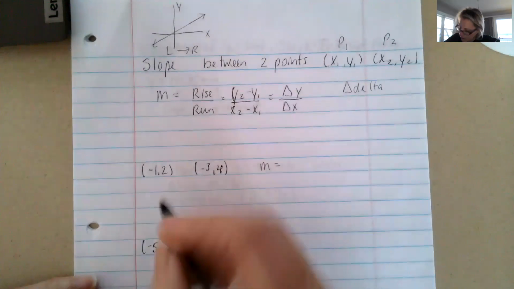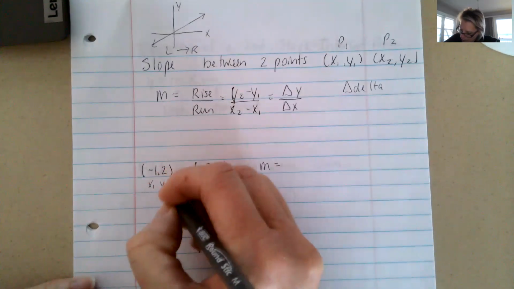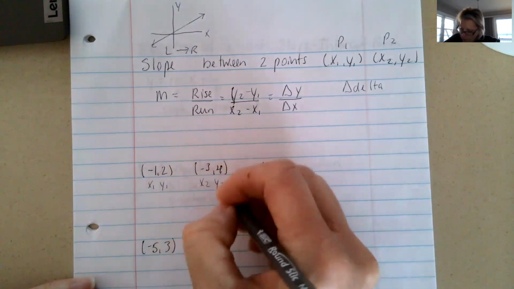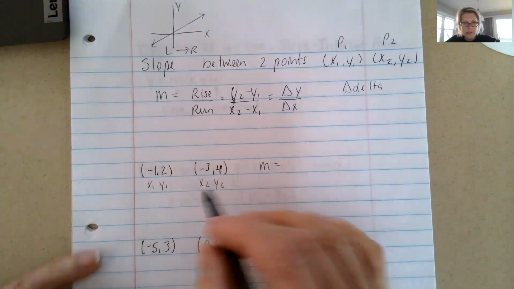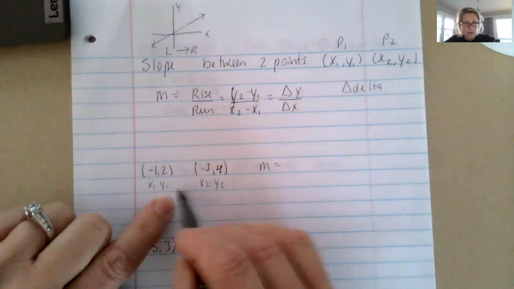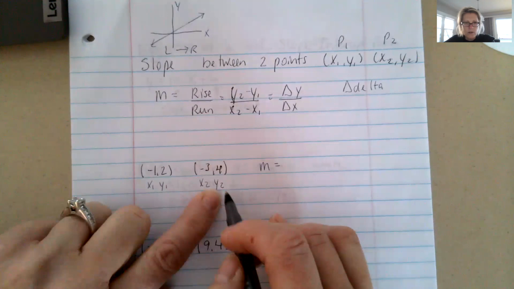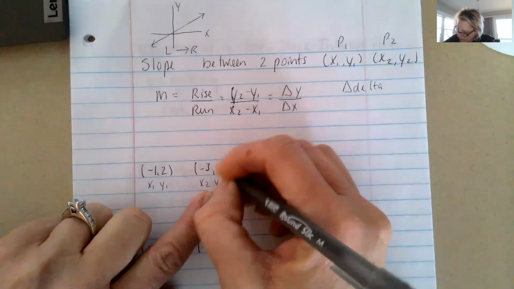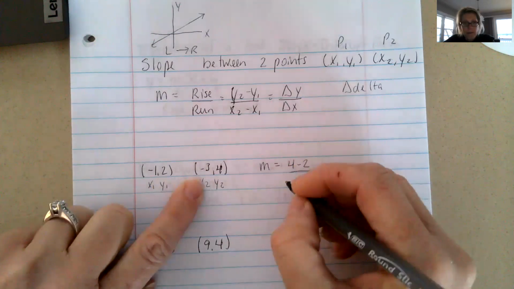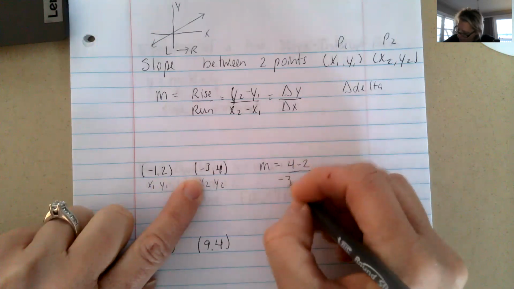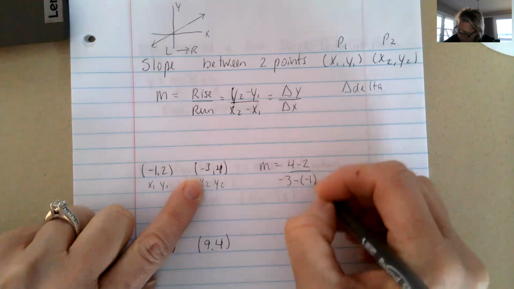So this is going to be my x1, y1, and my x2, y2. It really doesn't matter which one you start with as long as you're consistent. I'm going to start with y2, so 4 subtracting 2 over a negative 3 subtracting a negative 1.